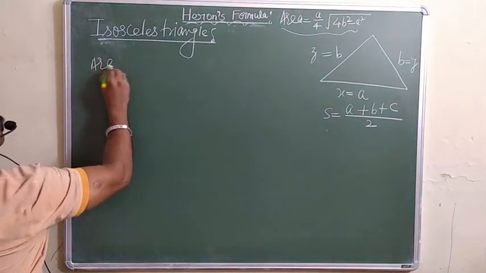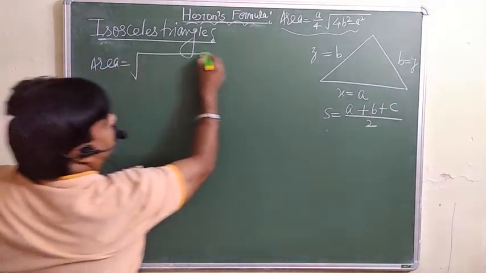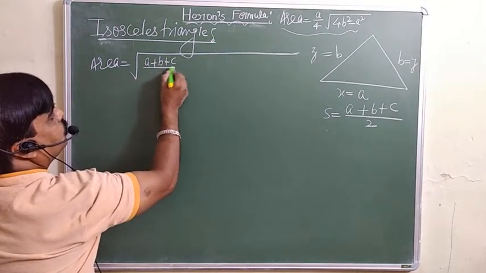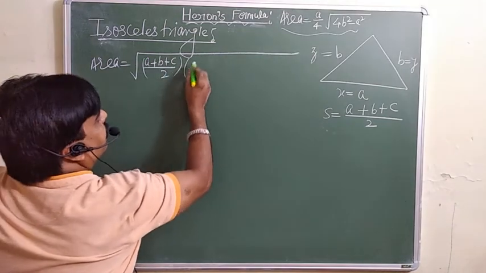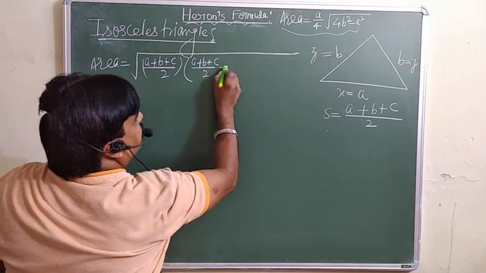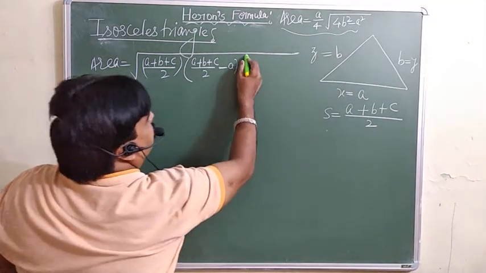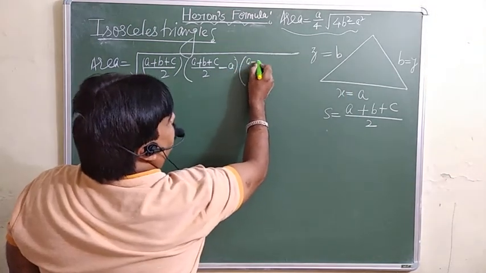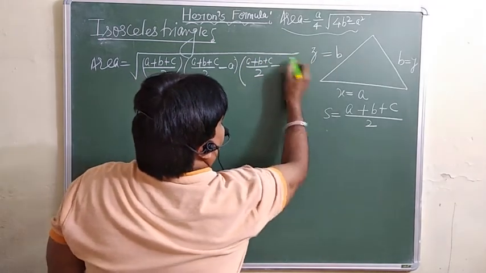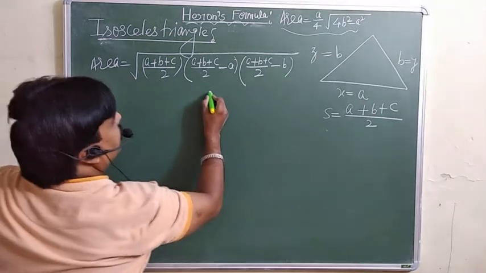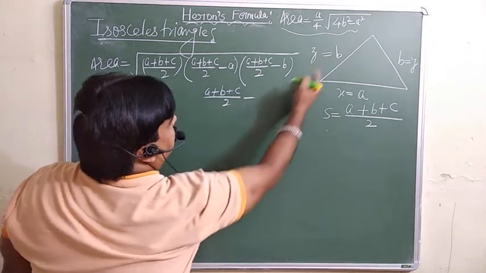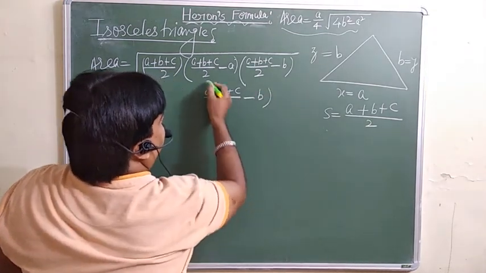So area will be equal to under root S into S minus X, that is A plus B plus C by 2 minus A. Similarly here A plus B plus C by 2 minus B, Y means B here, and A plus B plus C by 2 minus this, which is also B.